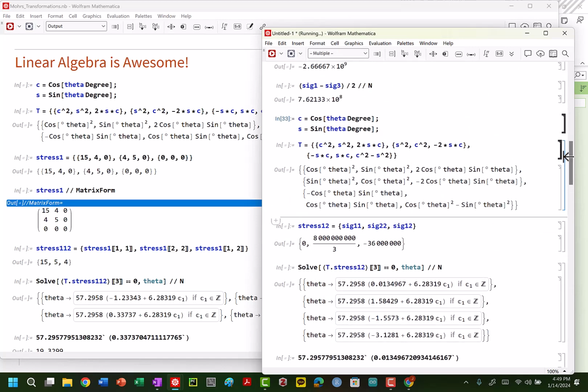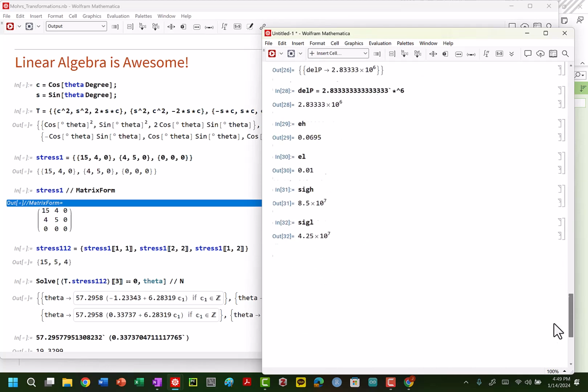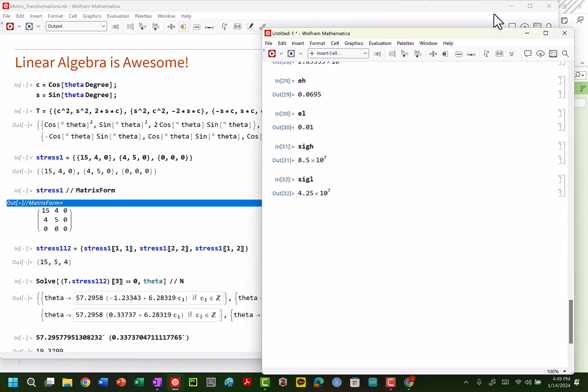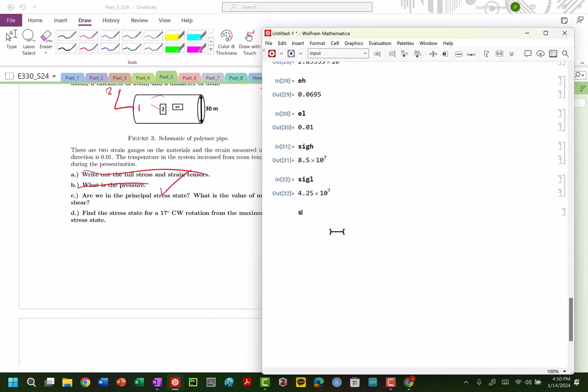So I need to find now my stress. I'm going to go over here. So let's see what the problem's asking us to do. So I need to do, basically cylinder stress. I'm just going to call it C stress. C stress is equal to sig H. Actually, let's do it properly.